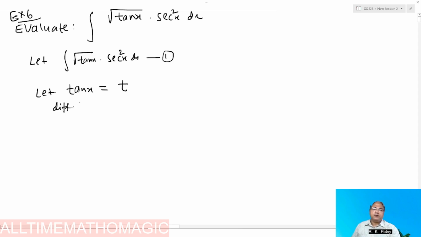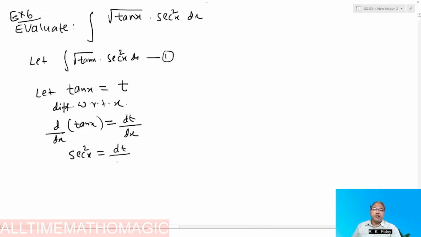Differentiating with respect to x, the differentiation of tan x with respect to x equals dt by dx. Till now, you might have got an idea that in the substitution method, as soon as we put t, we have to do the differentiation. So here the derivative of tan x with respect to x equals dt by dx. The derivative of tan x is nothing but sec square x equals dt by dx.